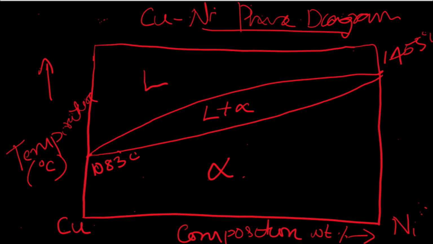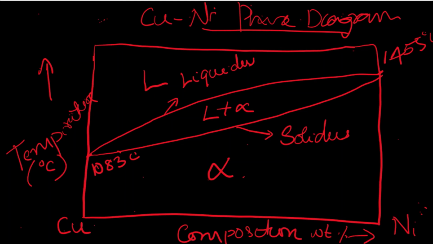And this line, which separates liquid plus alpha and liquid, is called the liquidus line. Similarly, this line which separates liquid plus solid and solid is called the solidus line. So it's very important: liquidus and solidus.